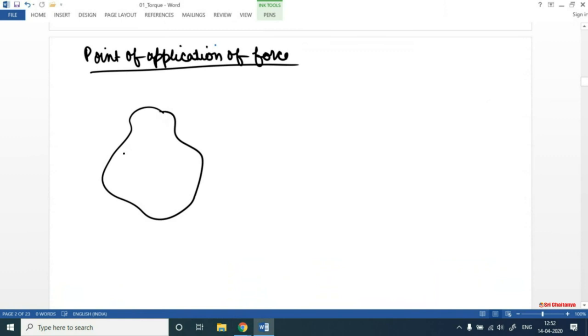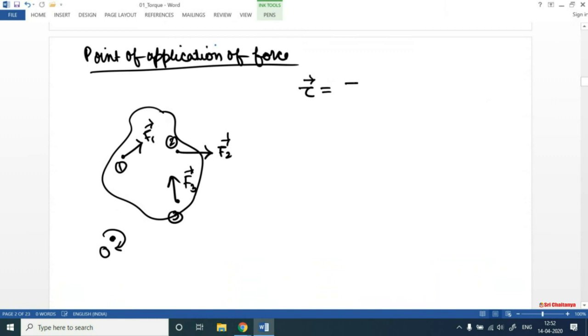Let's say at point 1, some F1 is acting, at point 2, some F2 is acting, at point 3, some F3 is acting. Different forces are acting on this body. So these forces are going to produce some torque about some axis O. So the net torque about this axis can be written as summation of Ri cross Fi.